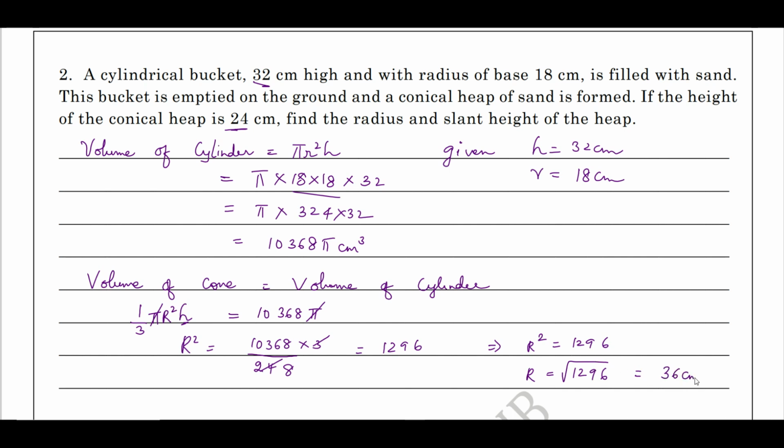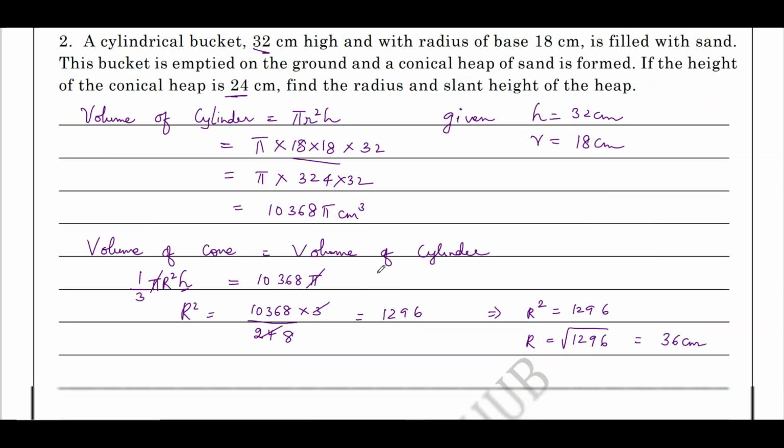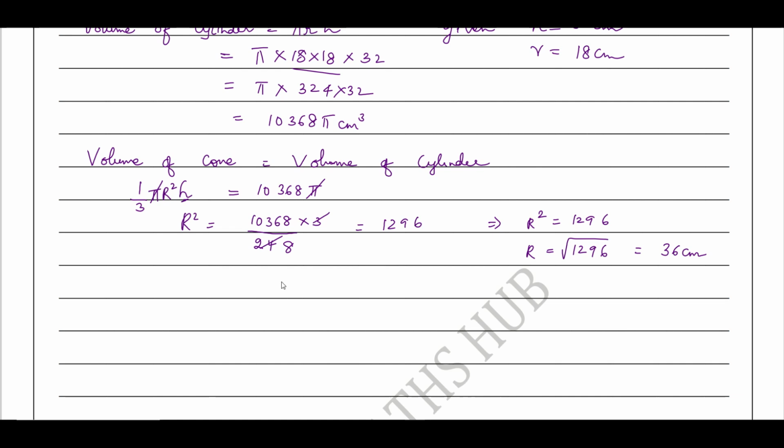Now what is the radius of the sand heap which is in the form of a cone? It is 36 centimeter. Now the radius of the conical heap is 36 centimeter. Now how to find out the slant height? I told you the slant height of a cone L equals square root of r square plus h square, which is equal to, what is r square? That is 36 square plus h square.